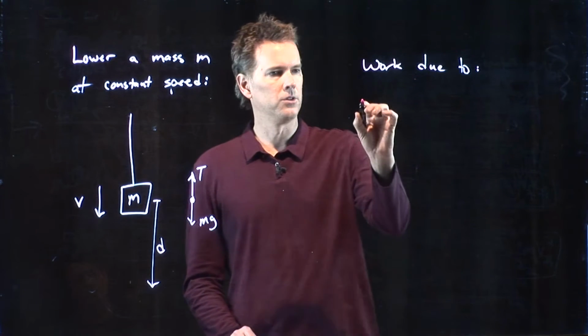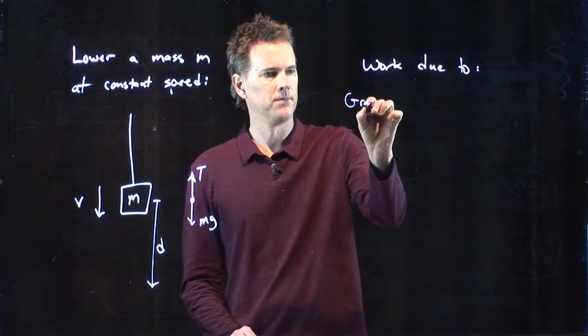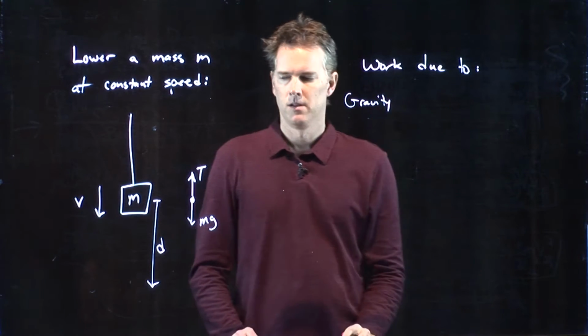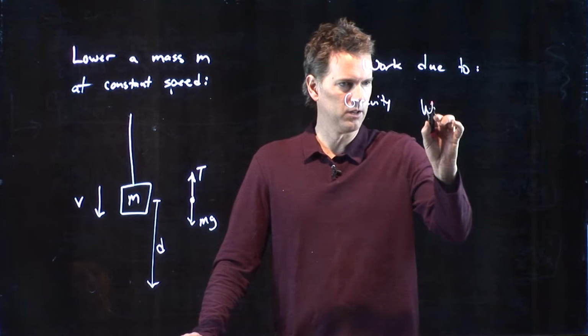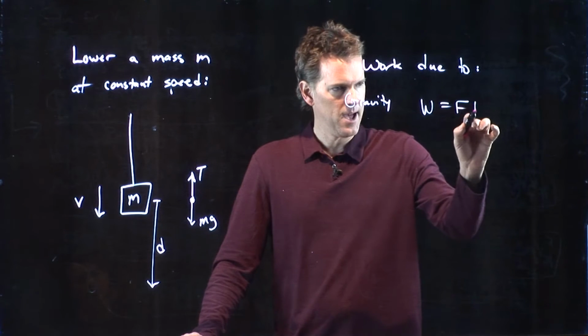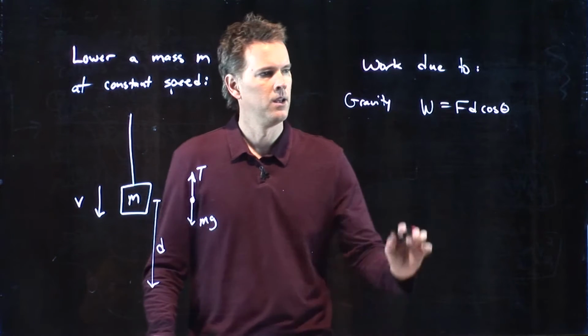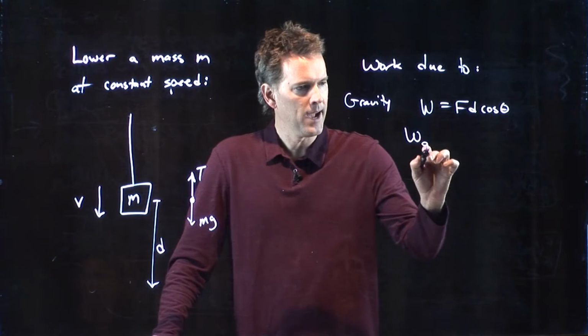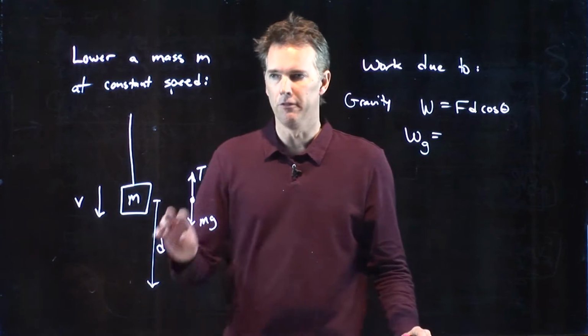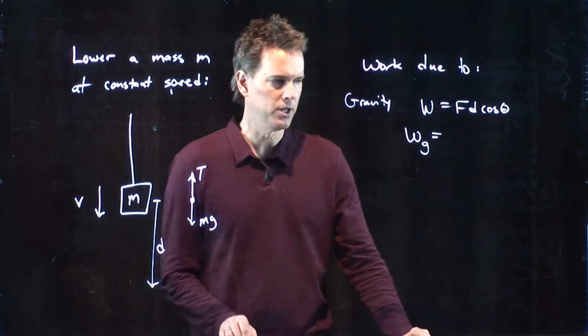Let's look at the work due to gravity. All right, we know that work is always F d cosine theta. The work due to gravity is therefore the force of gravity, mg.